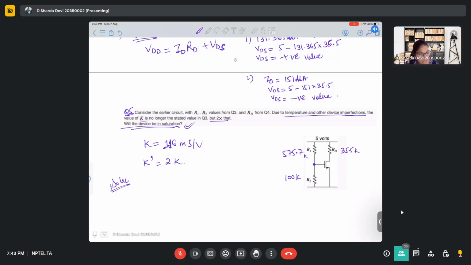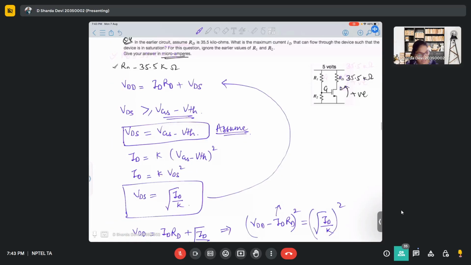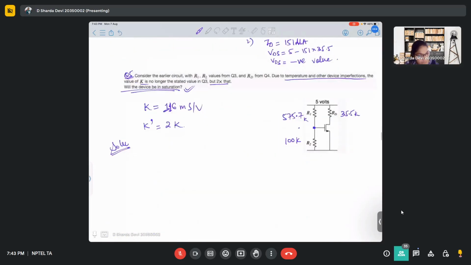We already know the VG. How much was the VG that we got last time? 0.74. Yeah, so it was 0.74 volts. So VGS minus VTH is already known: 0.24 volts.